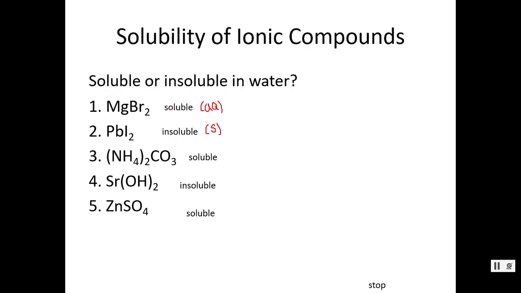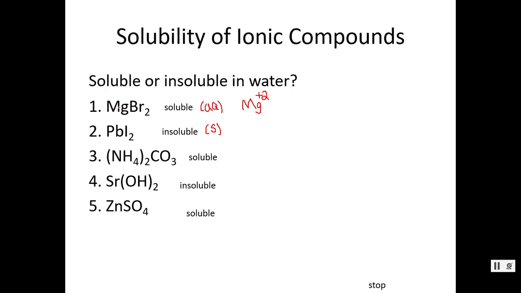If I was to ask you what ions are present in an aqueous solution of magnesium bromide, you'd have to say, oh, well, the cation, that's the metal, that's Mg, magnesium, and I know magnesium is in group 2, so it's a +2 charge. The anion is not Br2.